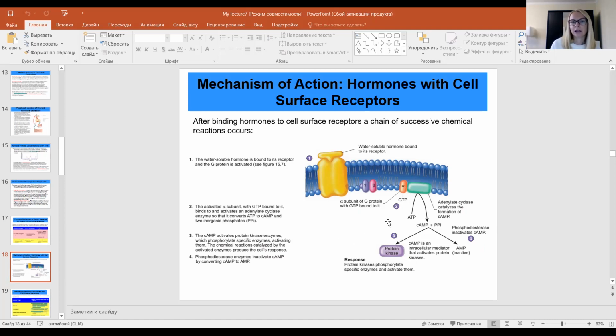Second step, the activated alpha subunit with GTP bound to it binds to and activates an adenylate cyclase enzyme so that it converts ATP to cyclic AMP and inorganic phosphates. Third step, the cyclic AMP activates protein kinase enzymes, which phosphorylate specific enzymes, activating them. The chemical reactions catalyzed by the activated enzymes produce the cell's response.